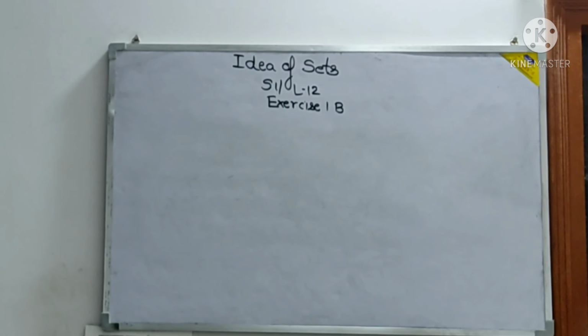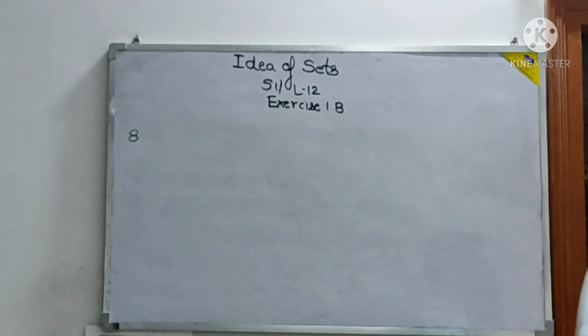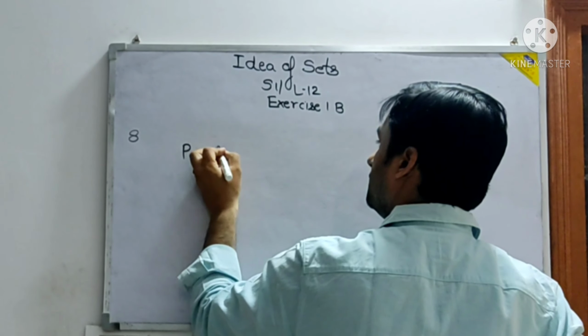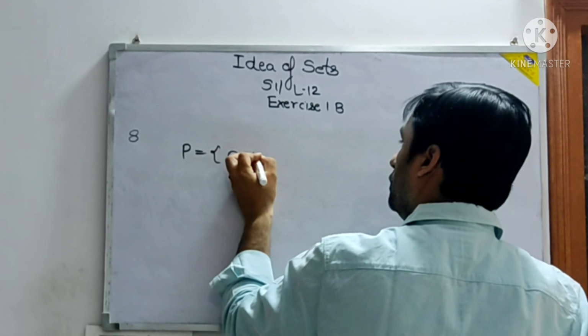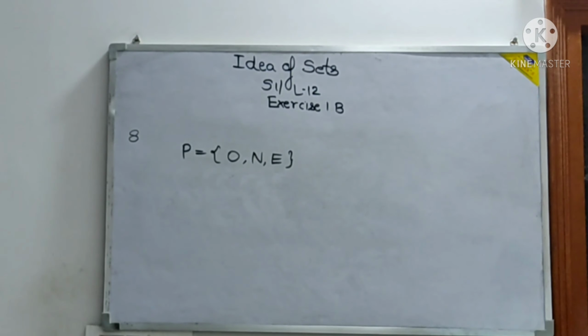Then the 8th and the last question. The eighth question says, if P is equal to letters of the word one, so P is equal to {O, N, E}. Then what is Q?